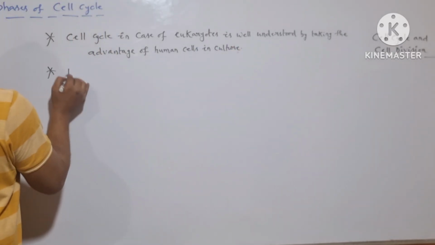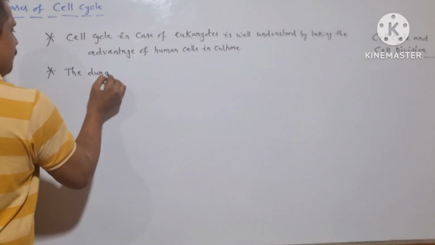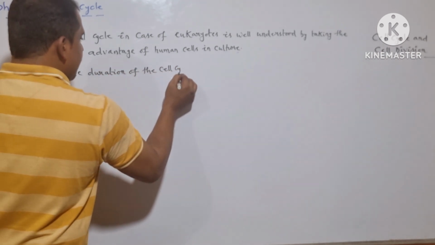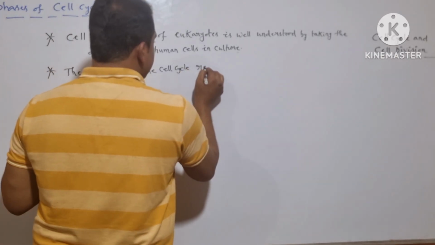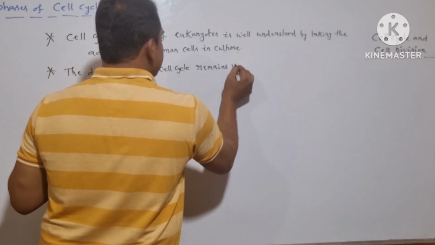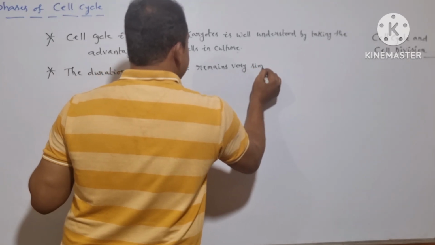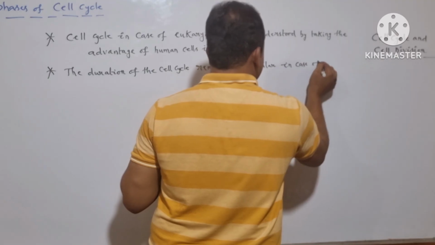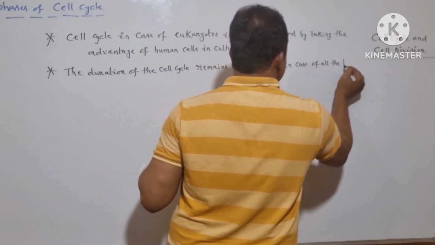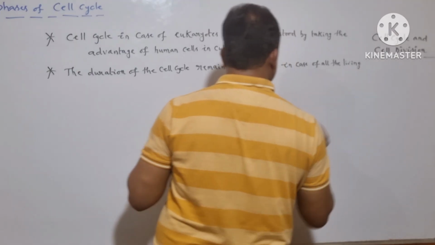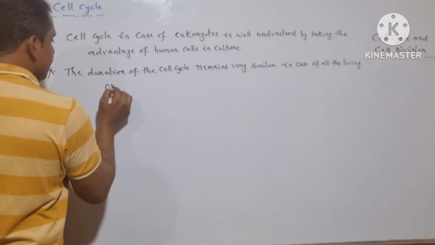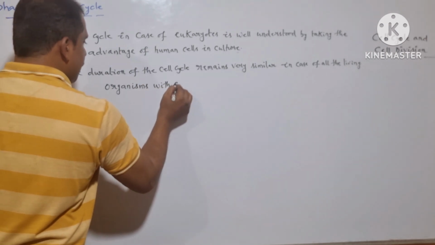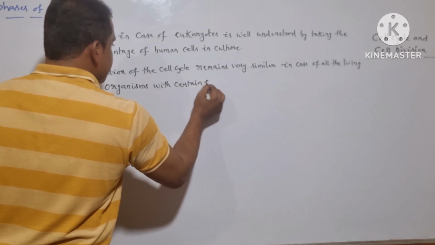So here the duration of the cell cycle remains very similar in case of all the living organisms, with certain exceptions. Right?